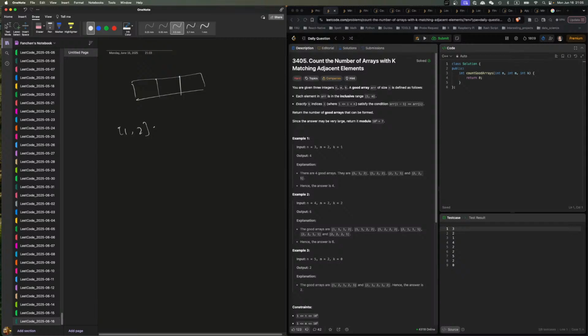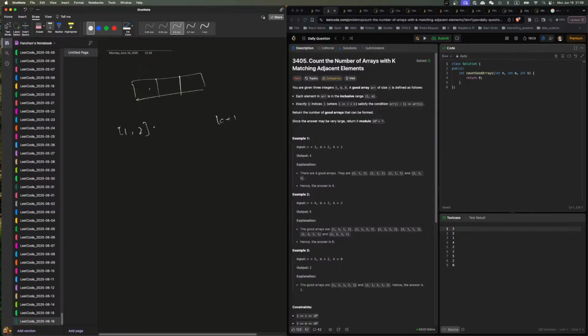So k numbers have to be this. Actually k plus 1, right? When you have k plus 1 consecutive. So in this case, k equals 1, so I need to have 2. The number of good arrays that can be formed.